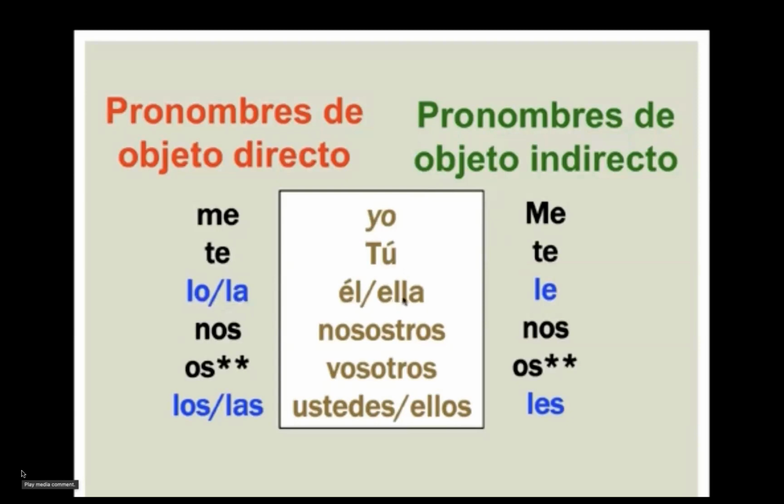for él and ella, and please bear in mind here that lo, which is not only singular but also masculine, will correspond to él, while la, which is singular but in this case feminine, will correspond to ella. In the case of the indirect object pronouns, however, what is going to matter is just the number.